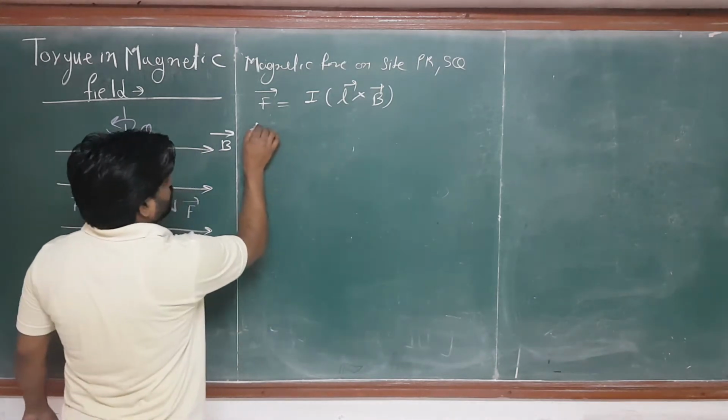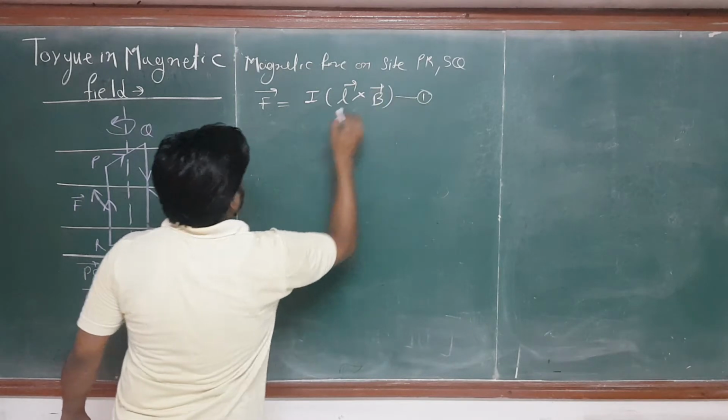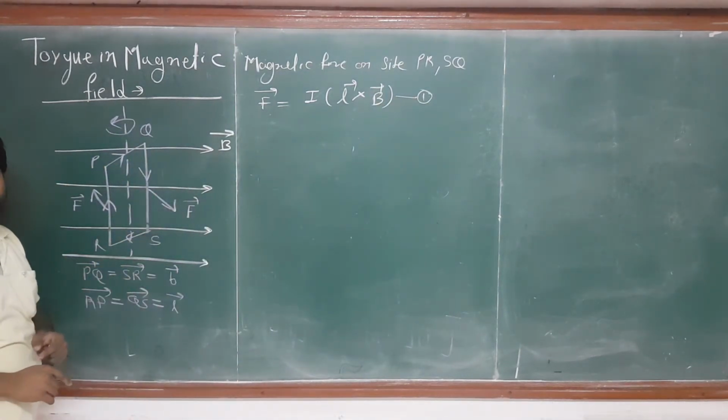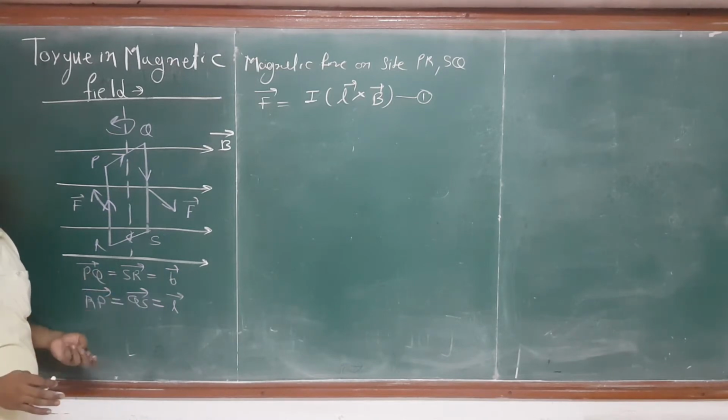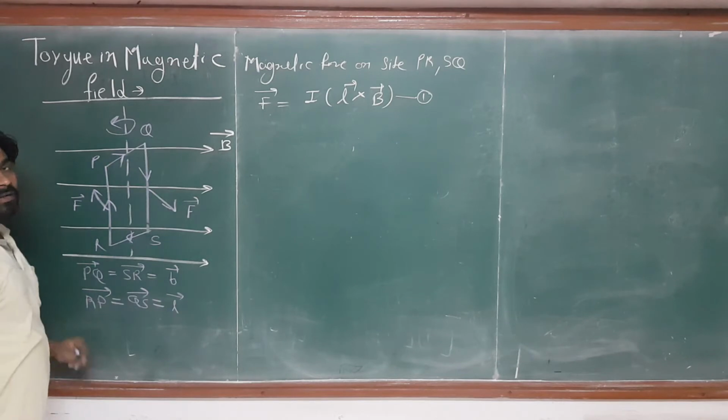And this force, the magnitude of the force will always be equal, but they are opposite in direction. They have some separation between the forces, that is equal to PQ.